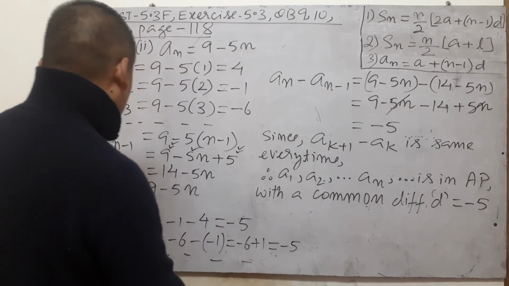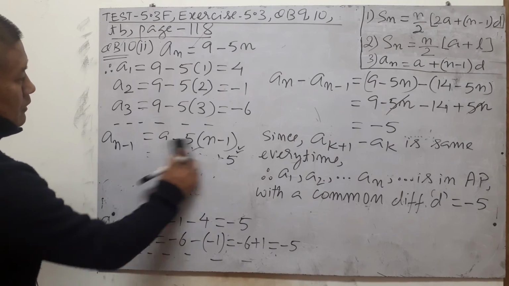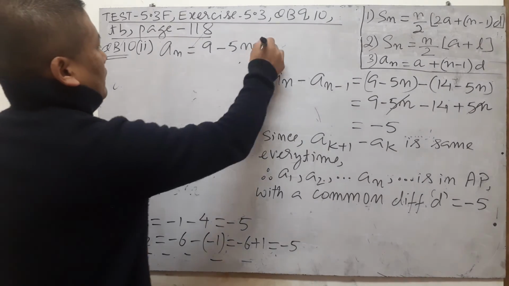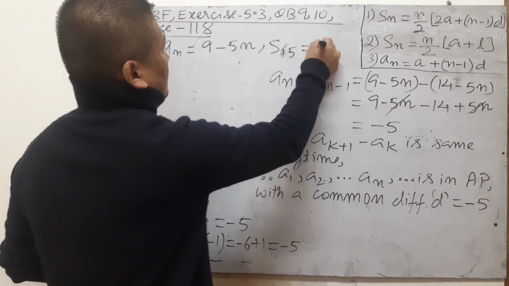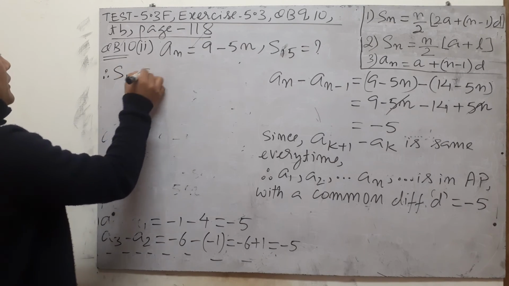So we have now got to find the value for Sn. Here each question has the sum of 15 terms, so S15. Therefore the sum of the first 15 terms in each case.